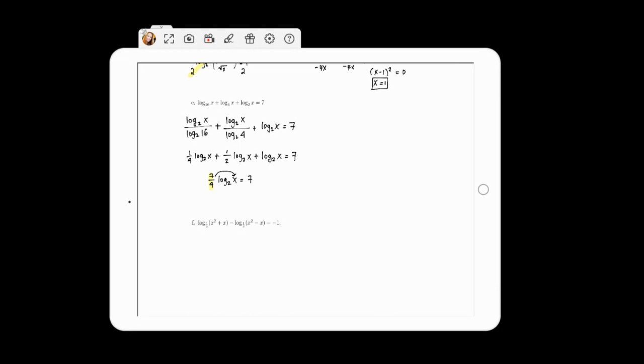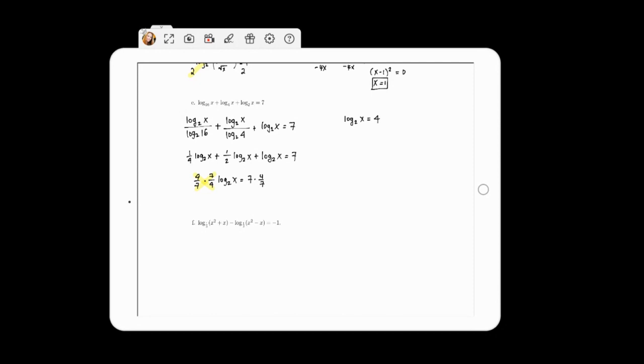Oh, sorry, actually, I think it'll be easier in this situation. We don't have to do all that. It'll be easier to just multiply both sides by 4/7. So that way the 4/7 times 7/4 is equal to 1. And we directly solve for the log base 2 of x equals 4.